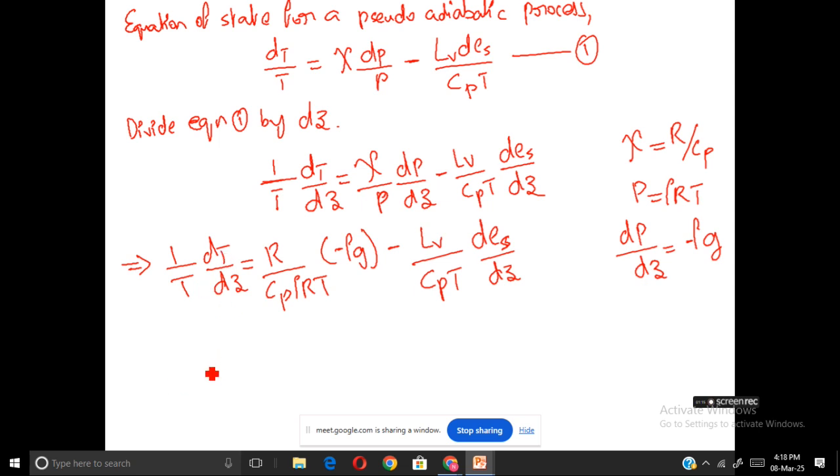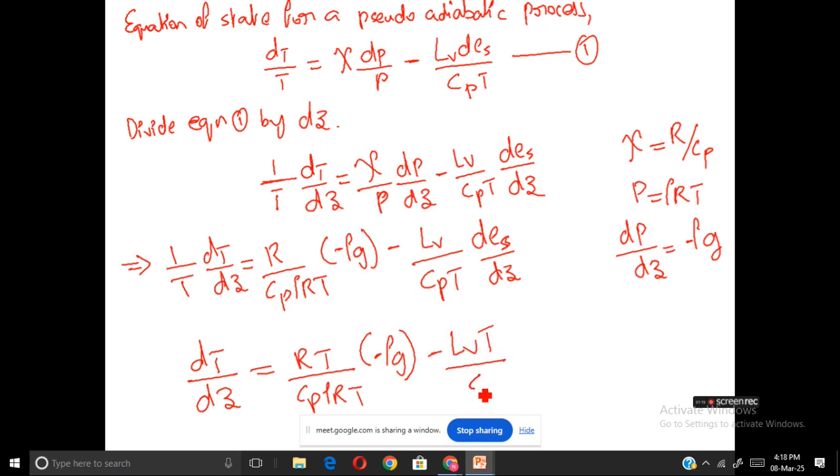Now we need dT by dz basically, for the saturated adiabatic lapse rate. T we have to take to the right hand side. So dT by dz is equal to R T by Cp rho R T into minus rho g, minus Lv T by Cp T into des by dz.